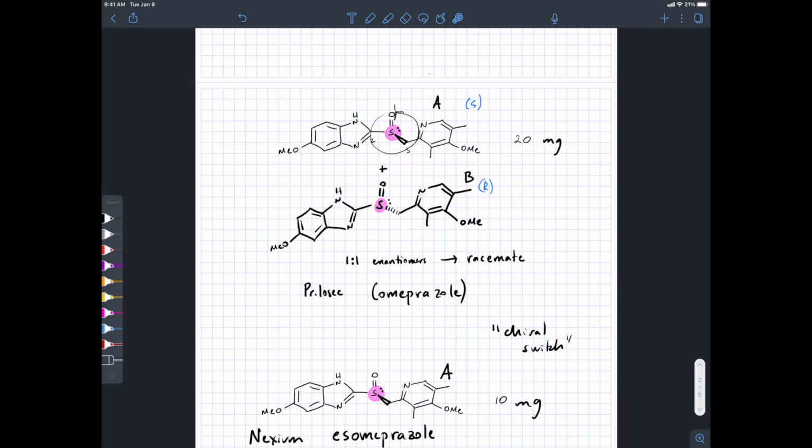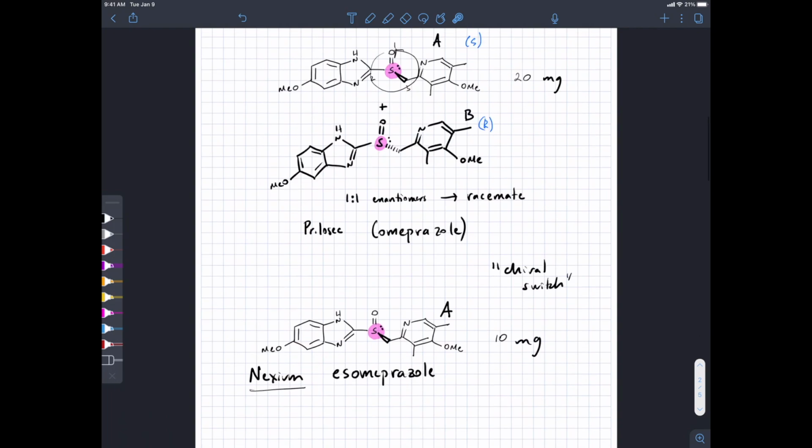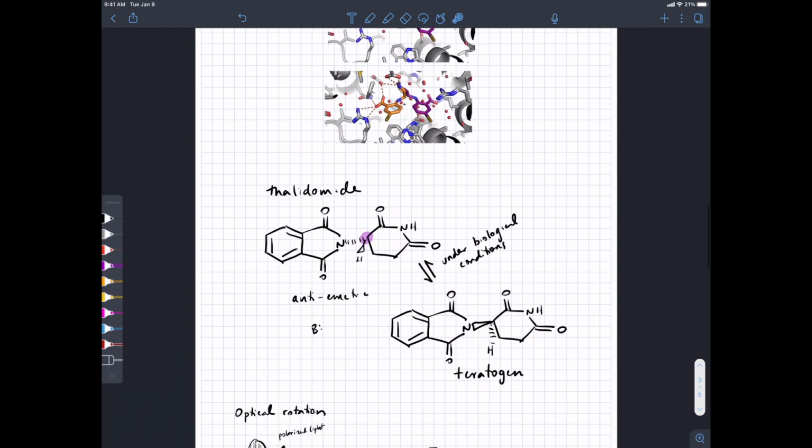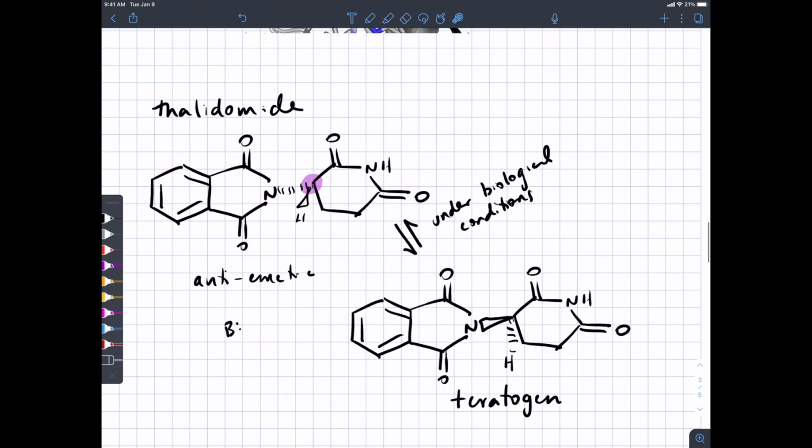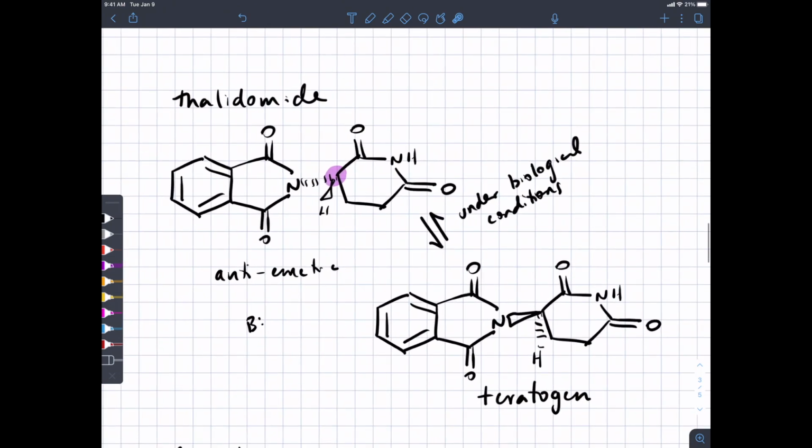The classic example of that is the drug thalidomide, which was an antiemetic prescribed to help with morning sickness during pregnancy. The enantiomer A was the effective antiemetic, preventing throwing up.